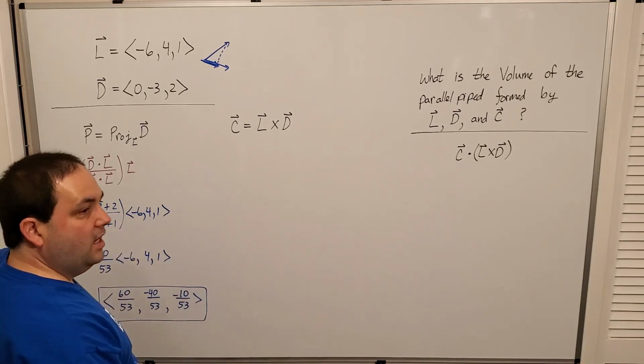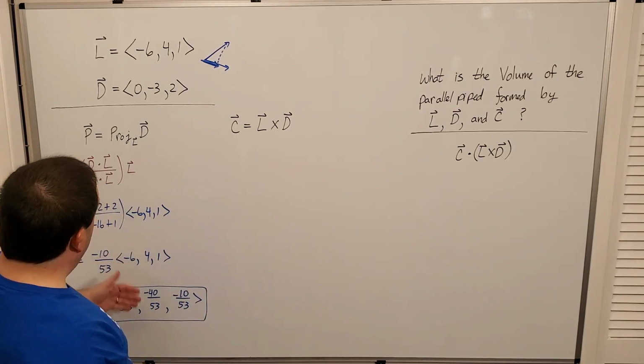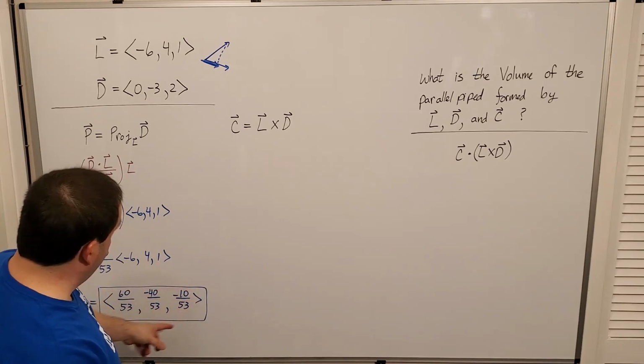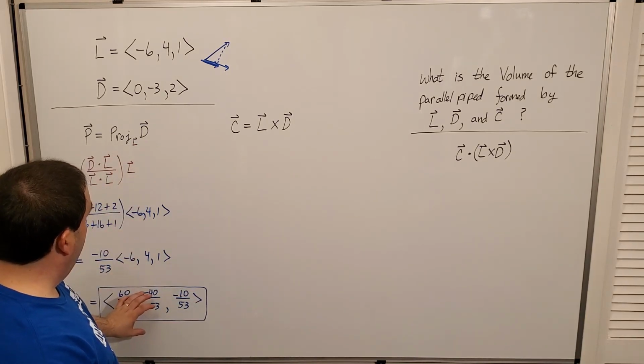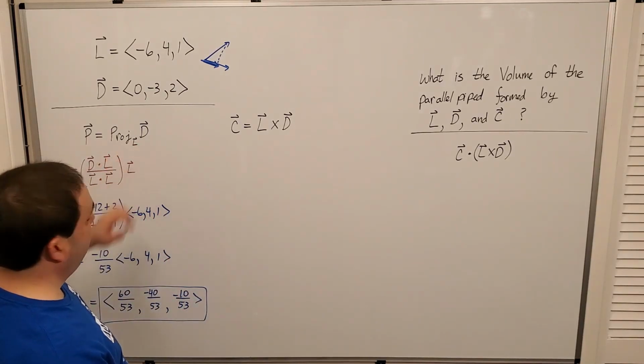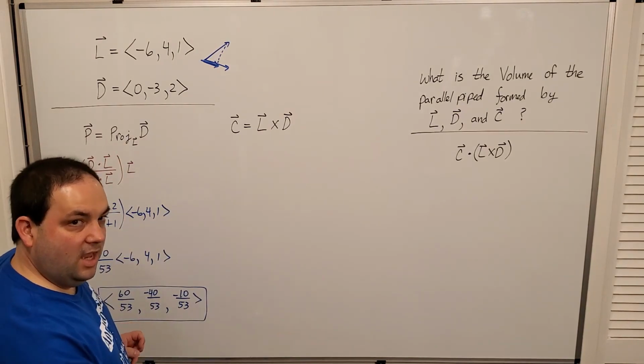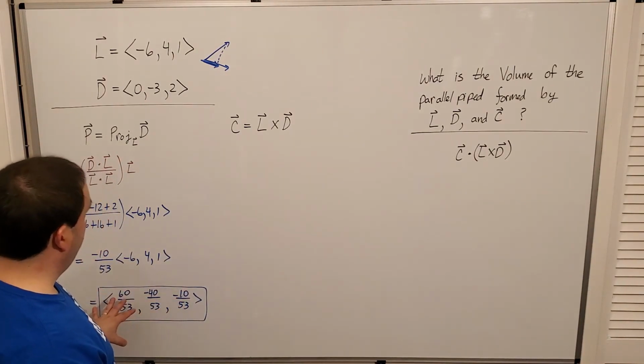So you would describe that in words. This is the portion of the D vector that affects the L direction, or has an effect in the L direction. That's how you would describe that in words.